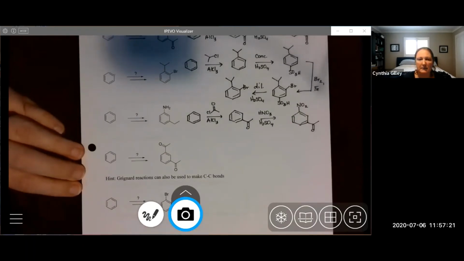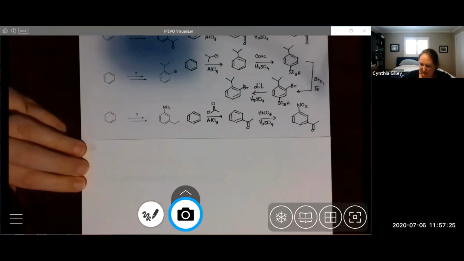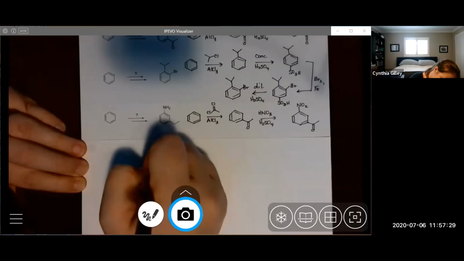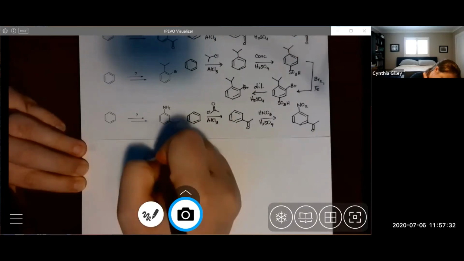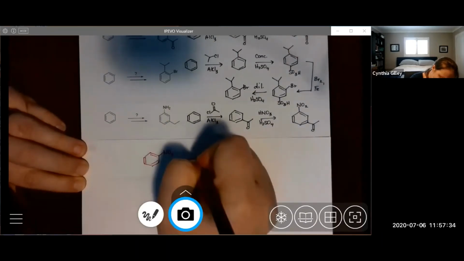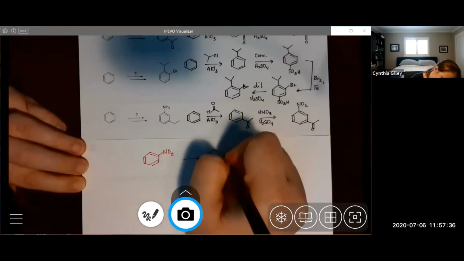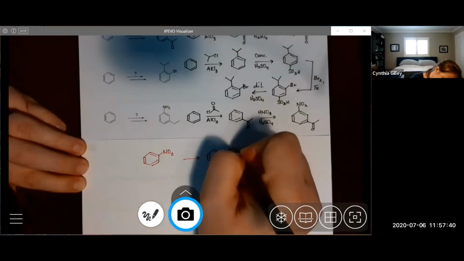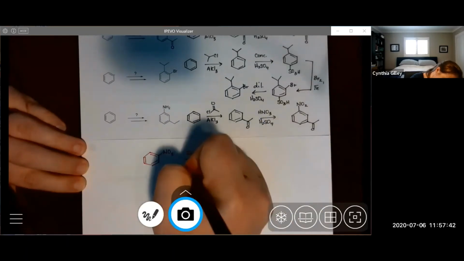For this, it is a little bit tricky for students. So if you look at what the book talks about as a condition to reduce the nitro group to an amino group, usually it just says zinc and HCl.